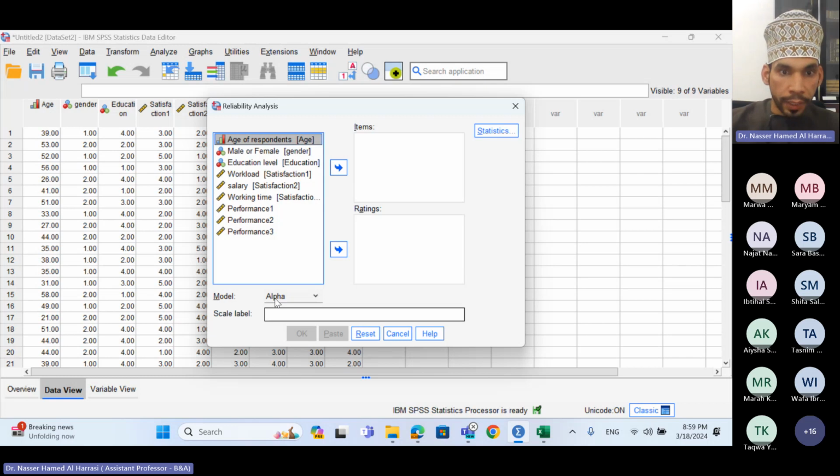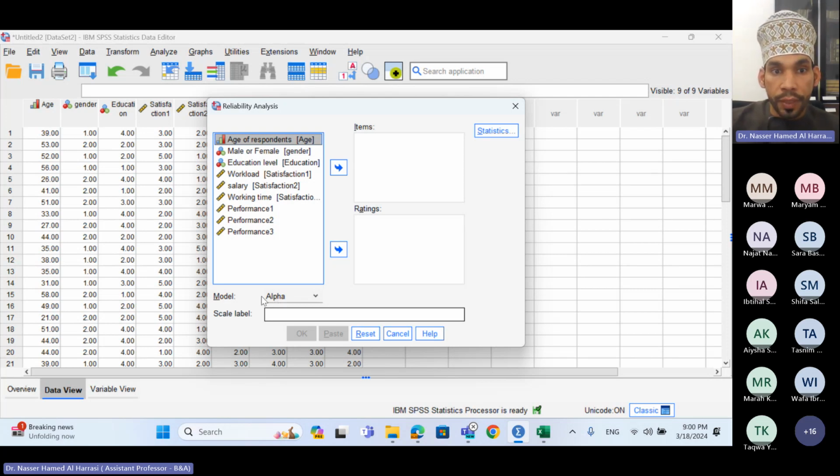This is a test which all statistics people use to make sure that the questionnaire or the data set we have designed is reliable and we can start the analysis. If the reliability is less than the recommended value, that means your data is not suitable and you cannot go on with the analysis.